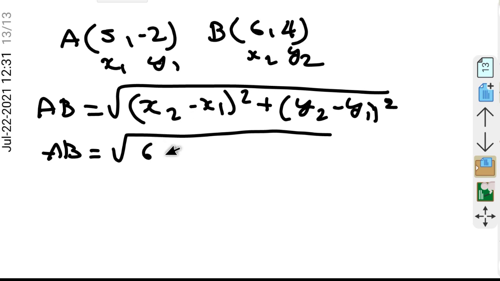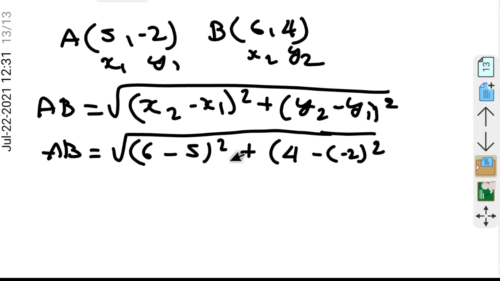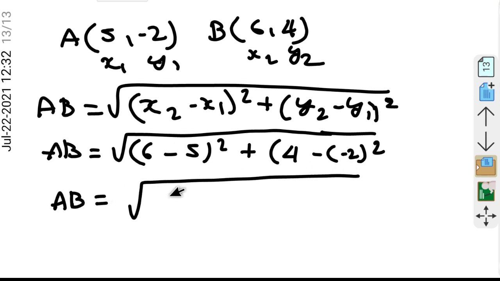X2 is 6 minus x1 is 5 whole square, plus y2 is 4 minus y1, which is minus 2, so minus 2 whole square. If you get two symbols at a time, write them down in a bracket, multiply the symbols, and afterwards simplify. So AB equals under root of 6 minus 5 is 1 square, plus 4 stays, and minus into minus is plus, so 2 whole square.